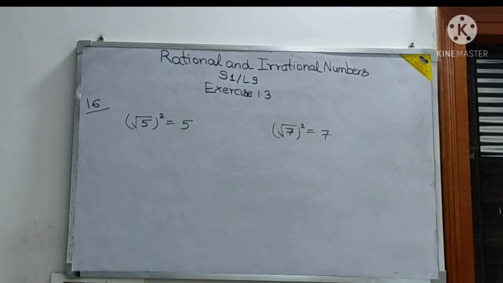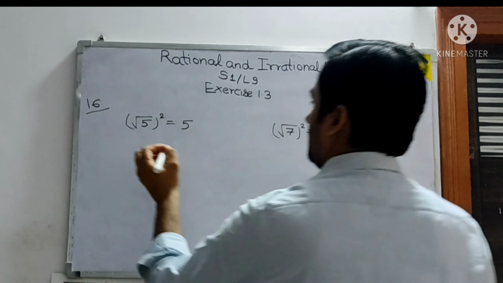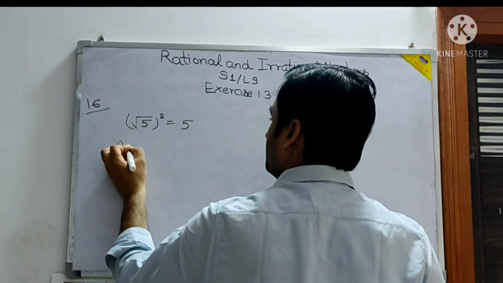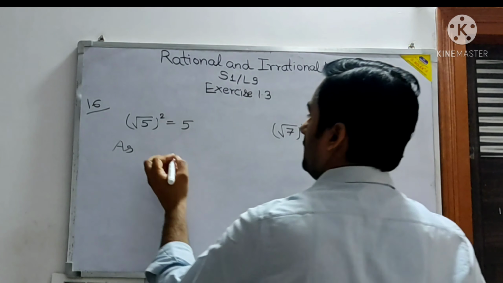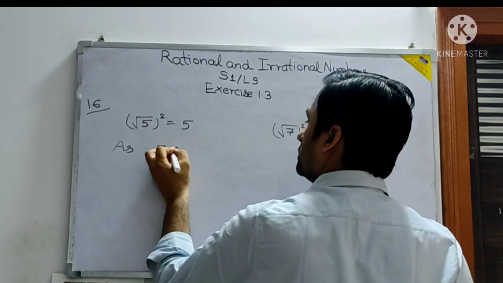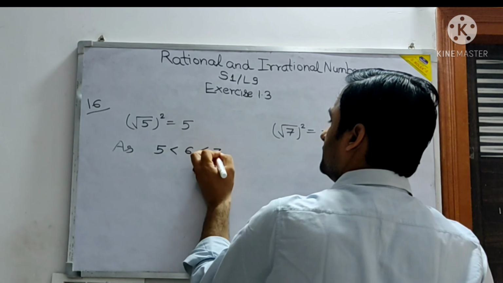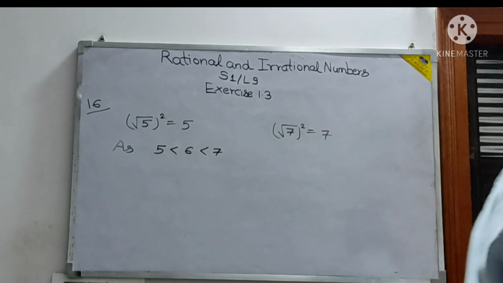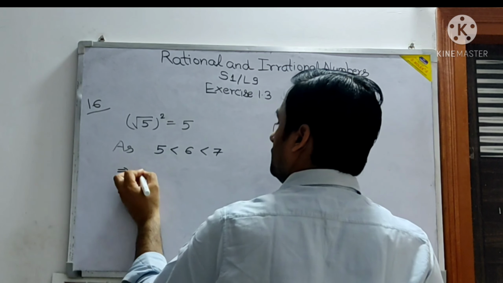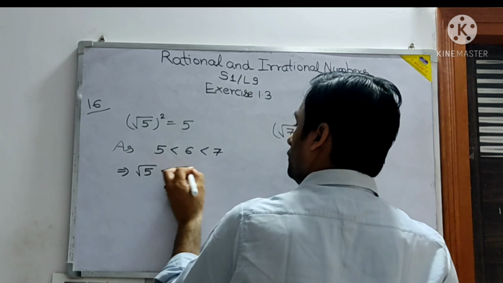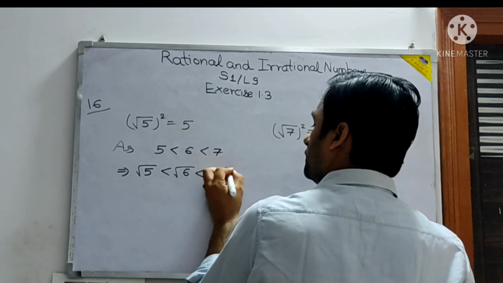So what will you write? As more than 5 is 6 and less than 7 is 6. So this is there. This implies that more than root 5 is root 6 and less than root 7 is root 6.